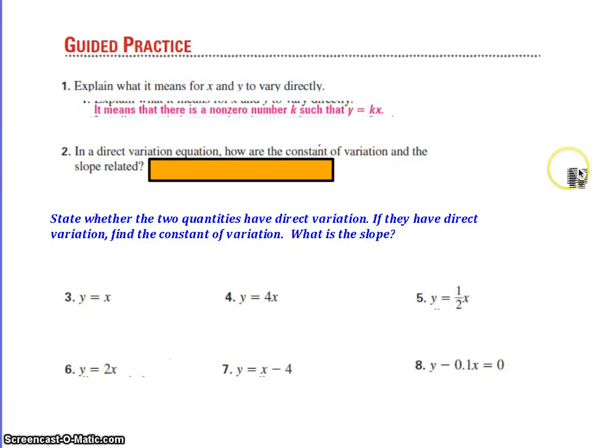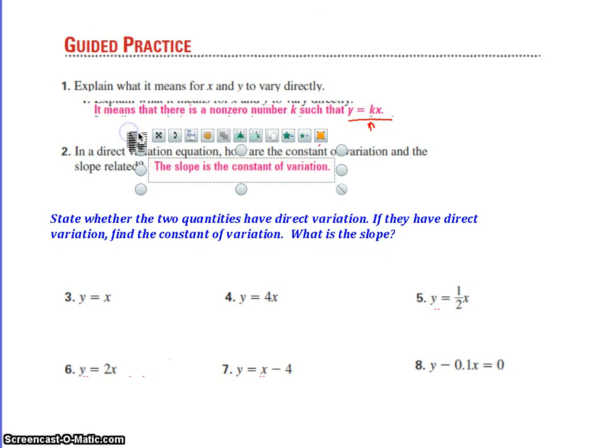Okay? In a direct variation equation, how are the constant of variation and the slope related? Well, if y equals kx, the k is the slope. The slope is the constant of variation.